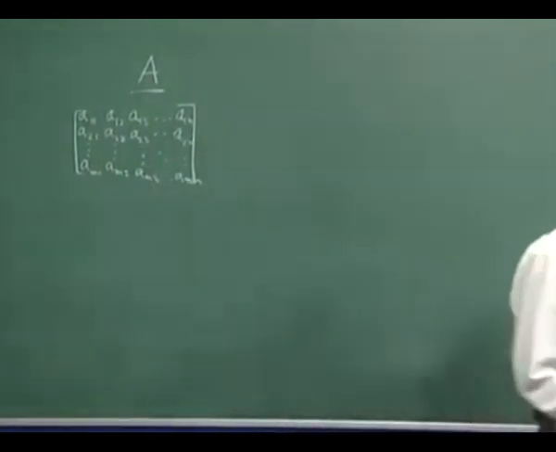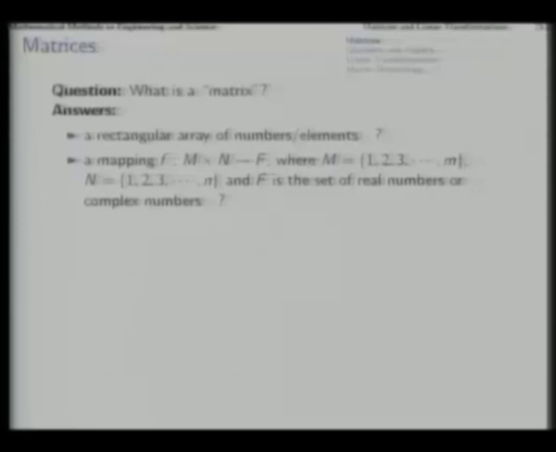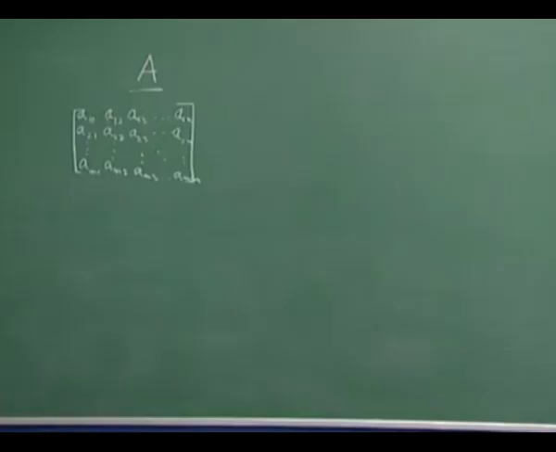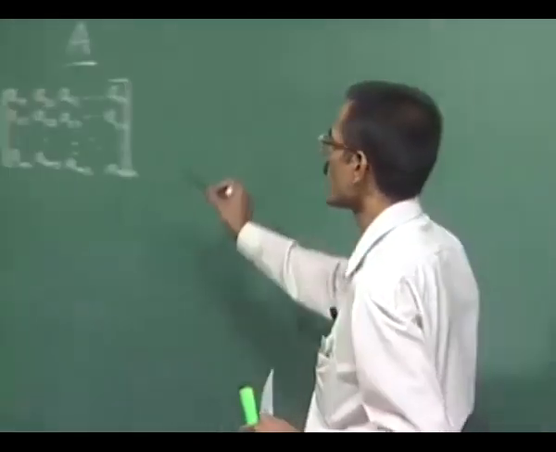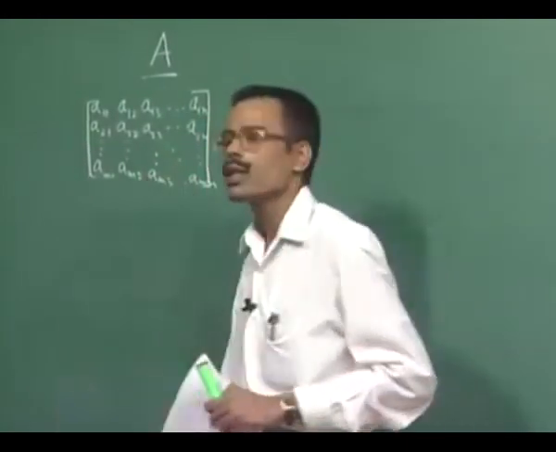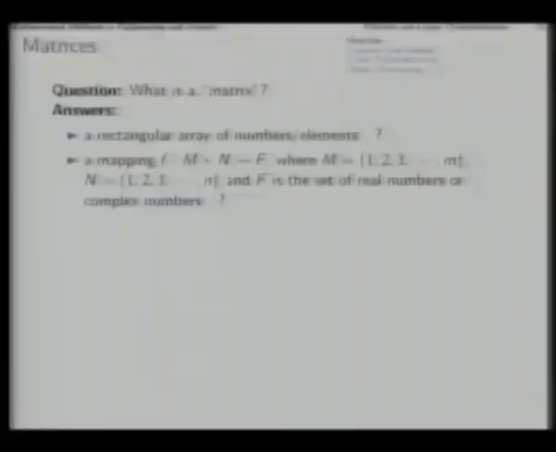So, this description says that if you tell me the row number and column number, then I can tell you a unique member of this array, which is actually the same as a rectangular array of numbers or elements.